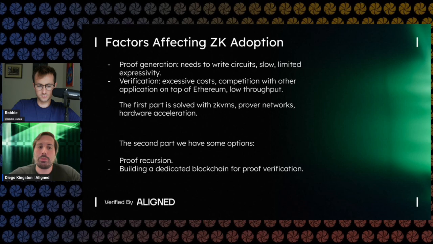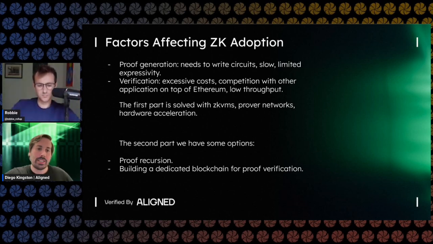One program I could prove is, for example, that I verified a proof, or that I verified two proofs. So what I would be doing is taking two proofs and their public input, feeding them to my prover, and generating a proof that says that I verified those two proofs and the two proofs were valid. So now if I verify this new proof, this is exactly as if I had verified the two older proofs.